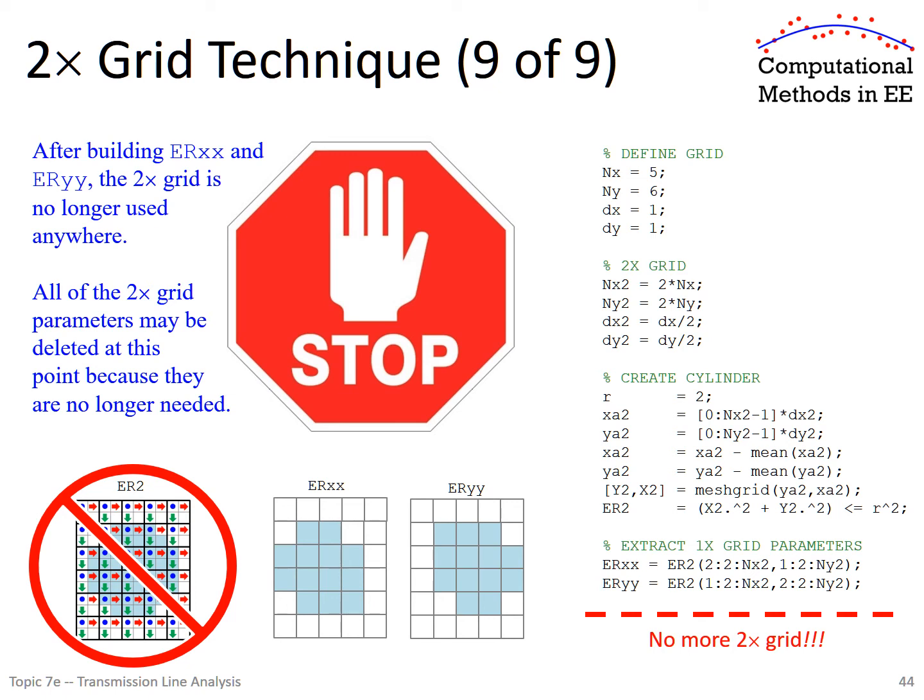So after that, it does not exist. If you're using the 2x grid for anything else, you're doing it wrong. Once we have epsilon xx and epsilon yy, anything 2x grid doesn't apply. It no longer exists. So you can just delete everything about your 2x grid at that point. So don't make that mistake. It's just a trick to get epsilon xx and epsilon yy. It's not used anywhere else.